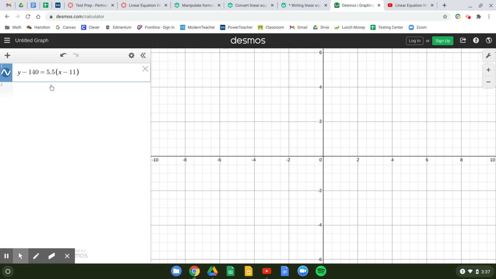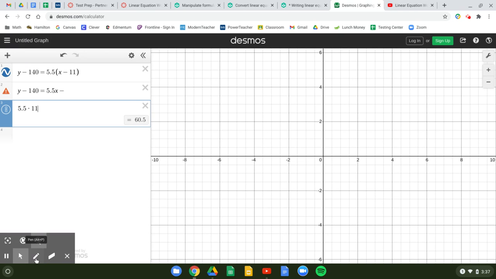So to do that, you're going to distribute the slope onto both. So I have y minus 140, just kind of showing you my work here, 5.5x, and I can do 11 times 5.5 is 60.5. So if I distributed this, I would get 60.5.